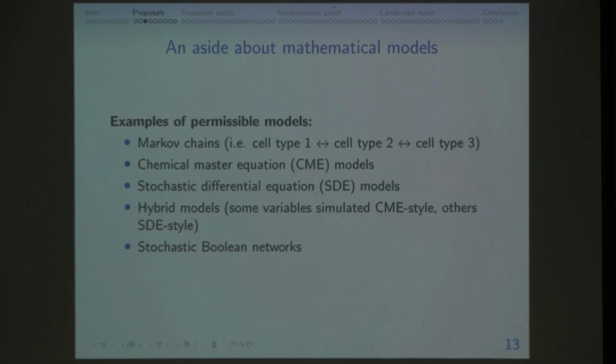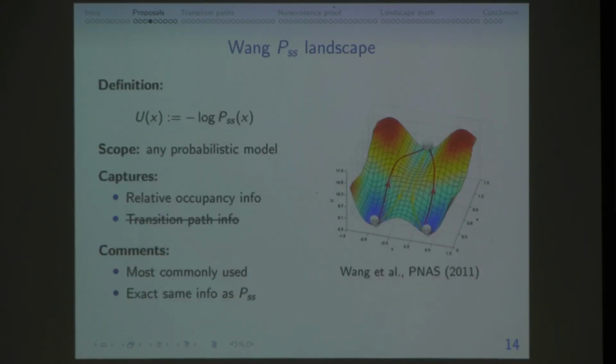But there are other models too: chemical master equation models, Boolean networks, Markov models, all sorts of things. In principle, you should be able to define a landscape for any kind of model, or any other kind of model that satisfies the requirements I talked about.